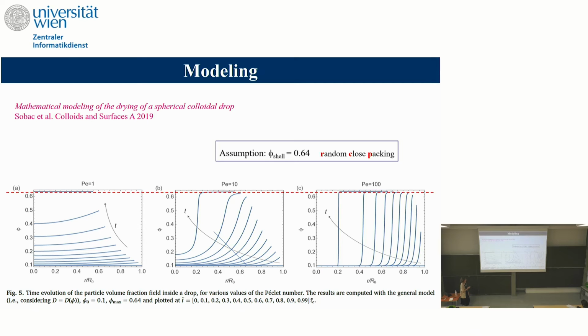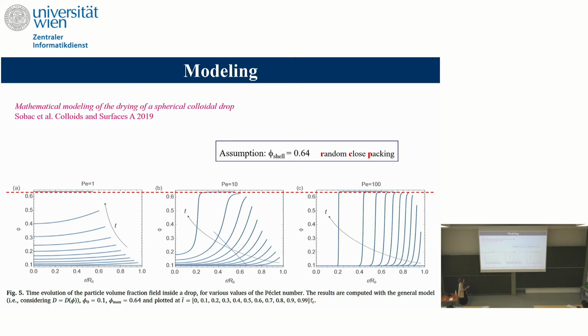Still, they assume phi shell equal 0.64. And I don't understand why this is a parameter that they cannot model, but they assume that you have these shells. And they look at different Peclet numbers. You see that with large Peclet number you have a shell, you have really a step profile, with this assumption here, and you have a shell that thickens with time, and it becomes, well, no shell if you are very close to Peclet 1, so things have time to mix.